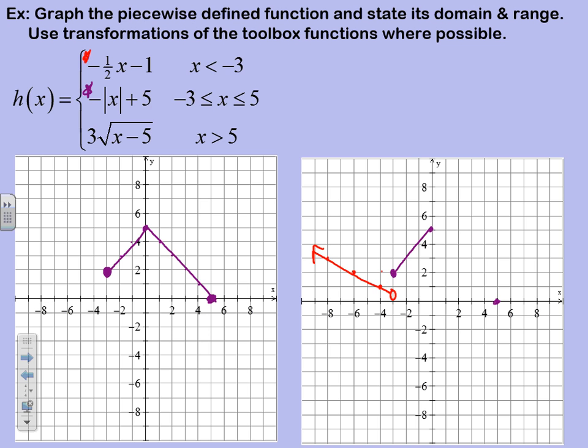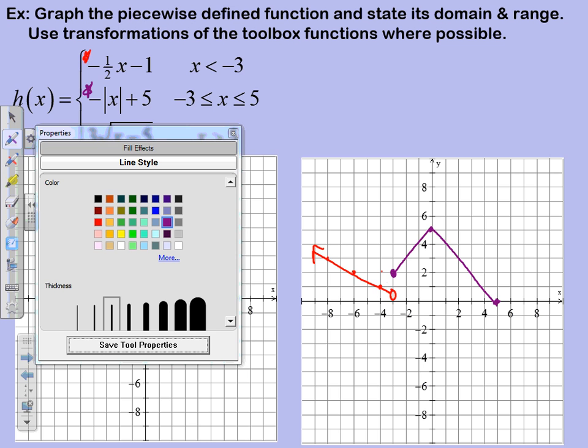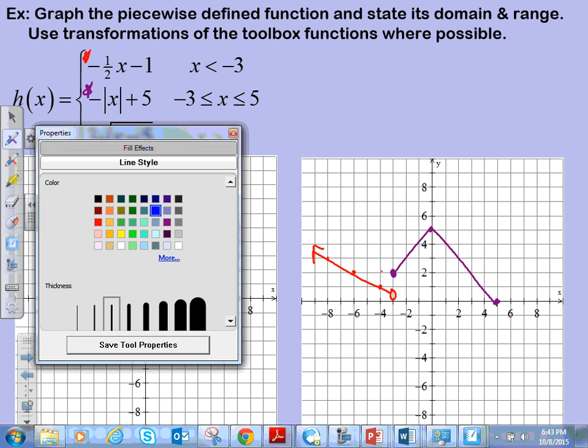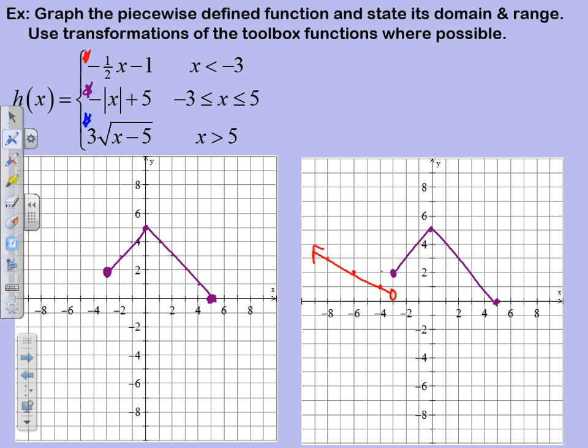So this is what we wind up with as part of the absolute value portion of it. And let me pick another color here so we can keep differentiating. And let's just do blue for the radical one. And let me go ahead and clear off this so we can have a fresh start.